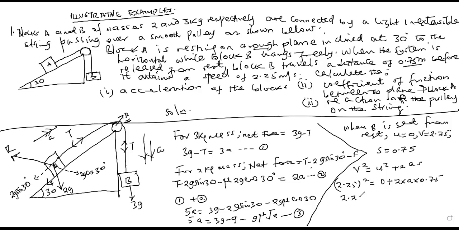Here, 2.25 squared is going to equal 0.75 times 2, that is 1.5a. When you divide through, you get your a as 2.25 squared over 1.5.